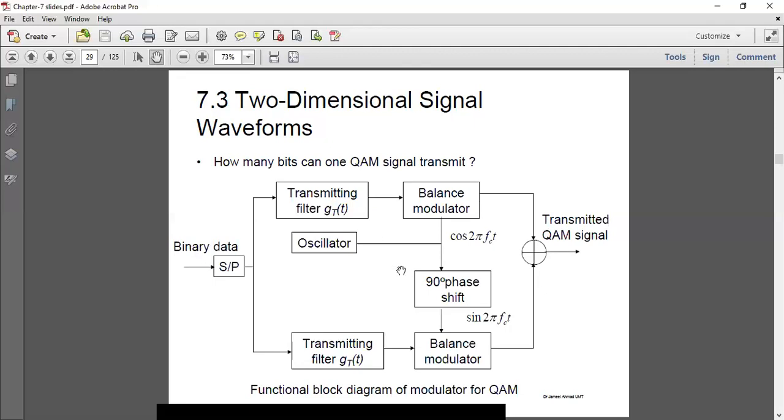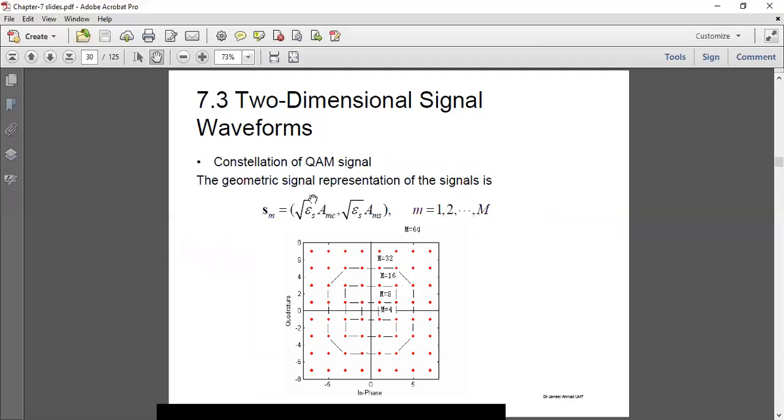We can use the geometric signal representation for QAM, which is given by this one: symbol energy, under the root, times AMC, comma, square root of Es times AMS. You can get these various amplitudes AMC and AMS by changing the values of M. So this is the diagram for M equal to 64.